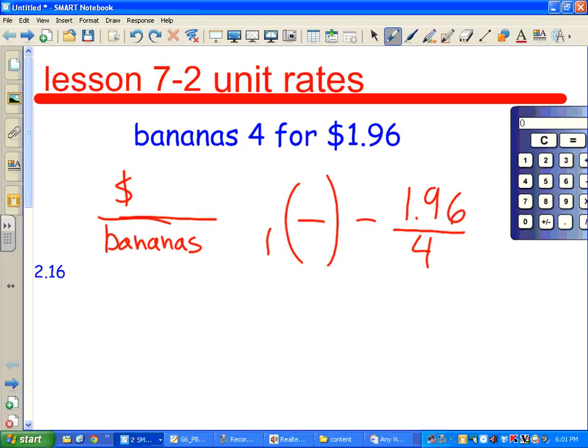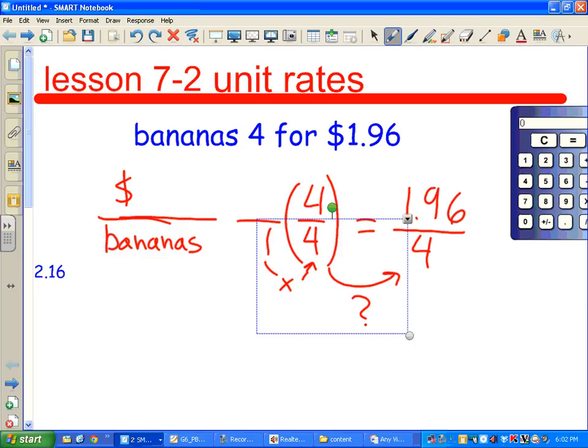I put in my bracket, and I put in my fractions. 1 times what gives me 4? 1 times 4 gives me 4. Easy. But if a 4 has to be here, we also have to put a 4 up there. And now, some number, a mystery number, times 4 gives me 196.